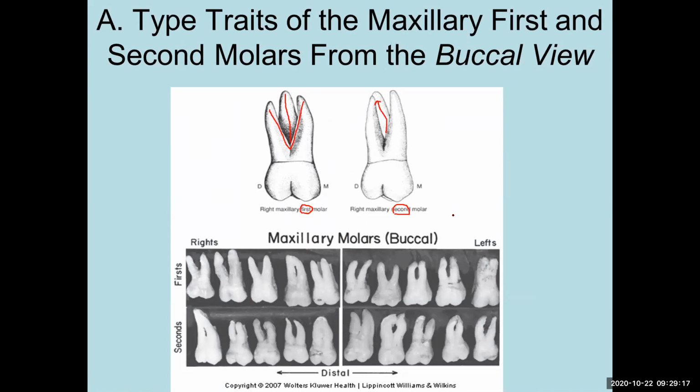And look at the difference in the cusps themselves. The cusps on the first molar are fairly equal, just a little bit bigger for the mesial, but that distal buccal cusp is very large versus look how small it is compared to the second molar. That second molar is not nice and symmetrical.